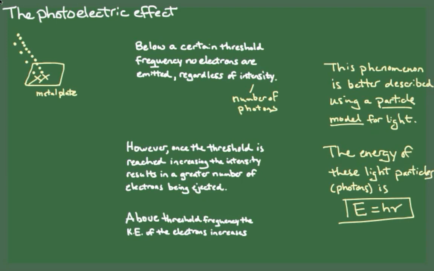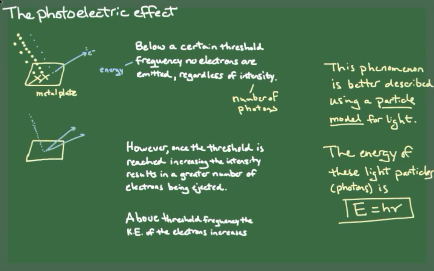So each individual photon you can think of as not having enough energy to knock out an electron. However, if you go to photons with higher energy, now these can eject the electron. And this is a consequence of the fact that the energy of the light is related to the frequency of the light and not the intensity of the light beam.